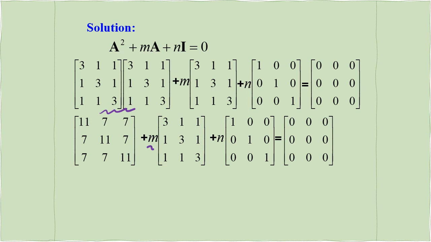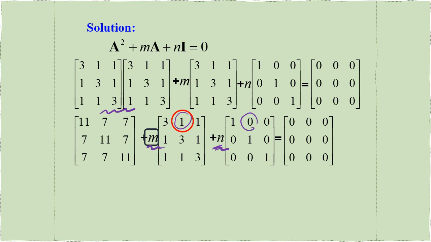To find m and n, we can take any two of the elements for the left hand side and the right hand side. Let's say we take the first row second column, because it's only a multiple of m, so we can directly find m, and because it's 0n here, we can ignore n.